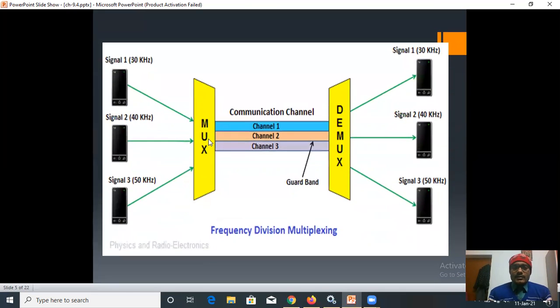Here demultiplexing is going on, means that the channel has been received by the other station and it is again split into its original form, and the signal is transmitted to the destination. And how will the signals be identified? According to different frequency. Okay, because all the channels have different frequencies.